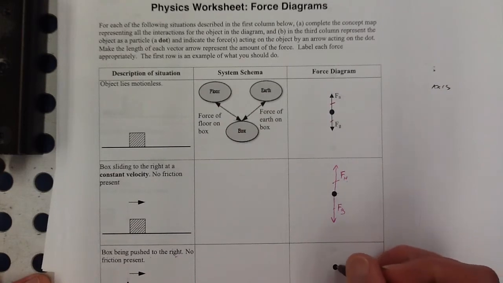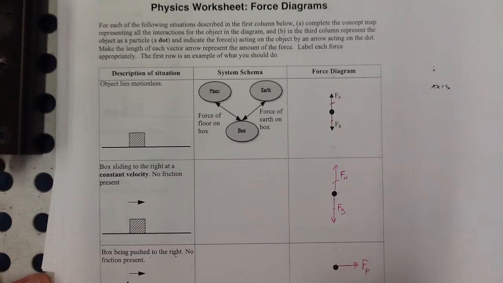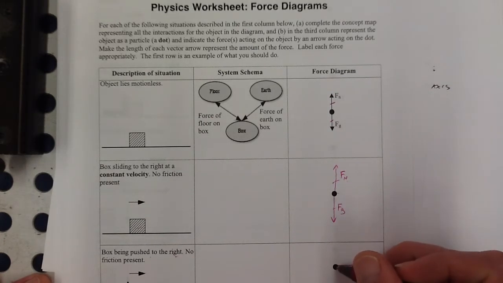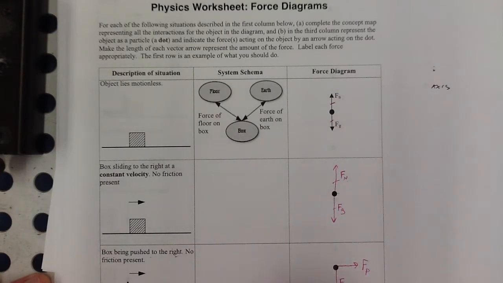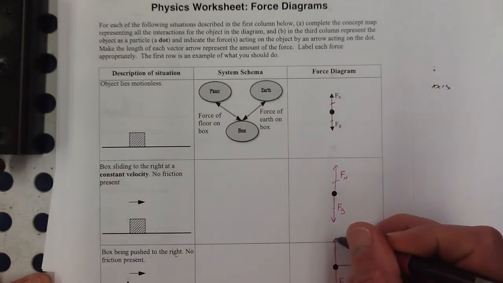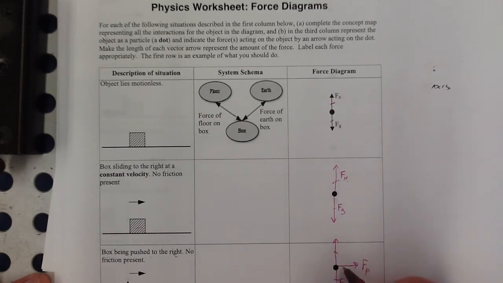All right, so box being pushed to the right and there's no friction. Okay, so there is this applied force, you could call that FP, force of push, or a force A, applied force, whatever you like. This one, I would like you to call it force of gravity. Those two are equal. This one, I don't know what it is. It doesn't have to be equal to those.